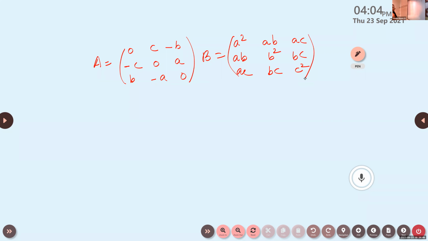Then AB is equal to: option A, B; option B, A; option C, 0; option D, I. What is the answer?